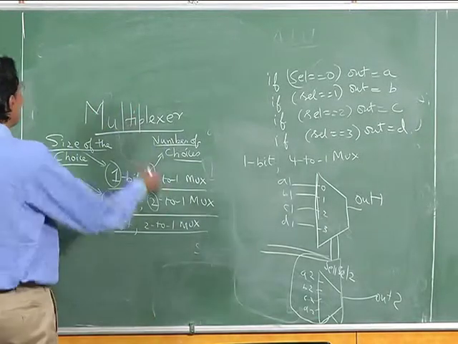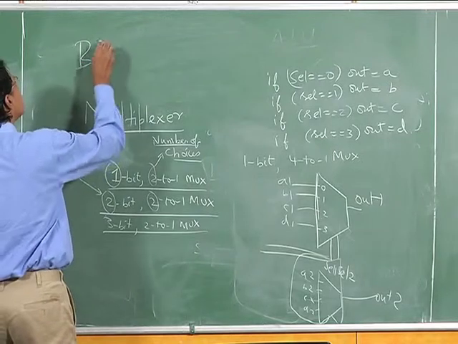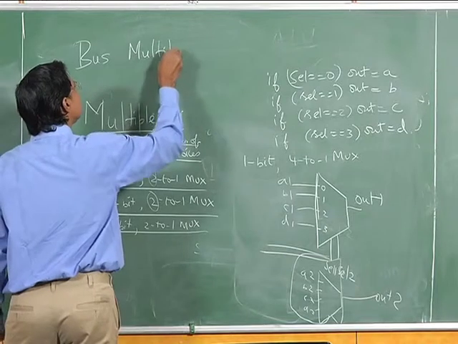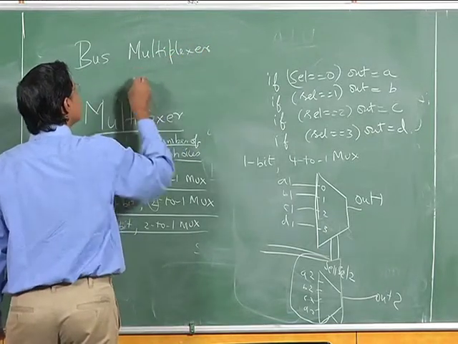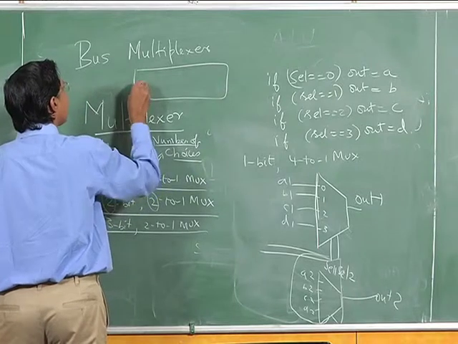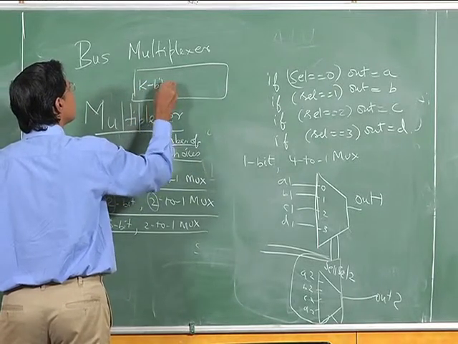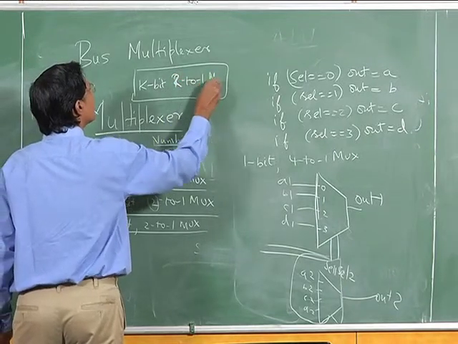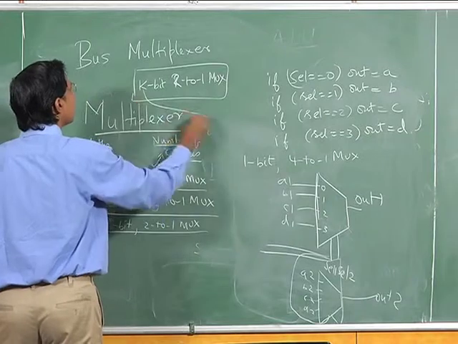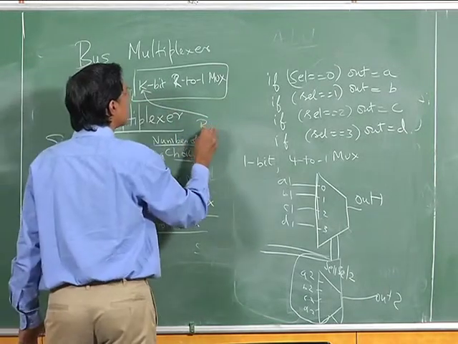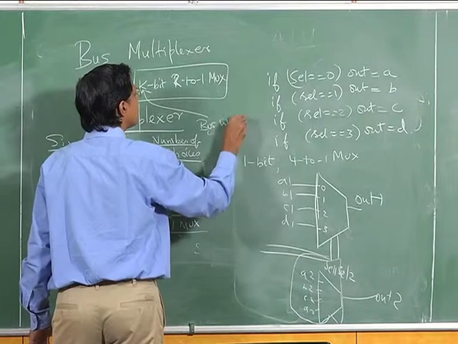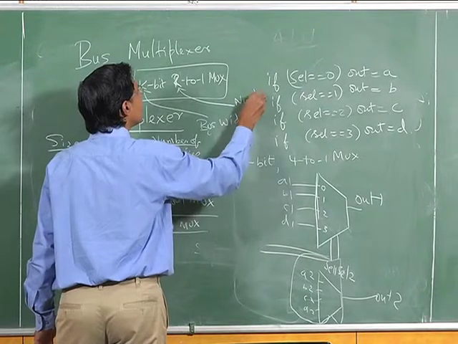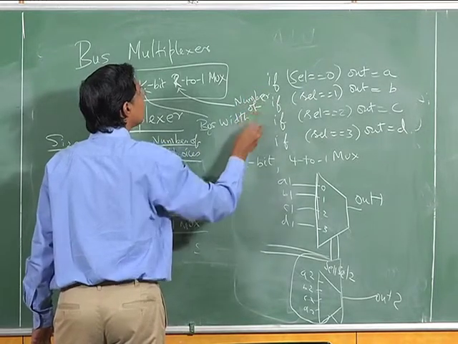So essentially I am introducing a concept called a bus multiplexer, which can be a k bit R to 1 mux, where this k stands for the bus width and R stands for the number of choices.